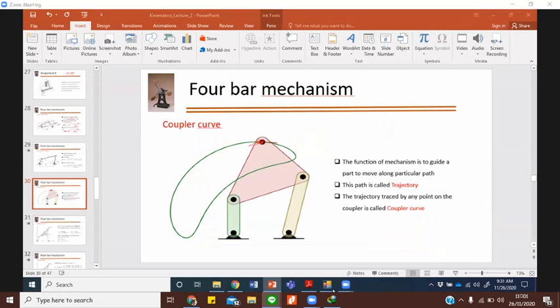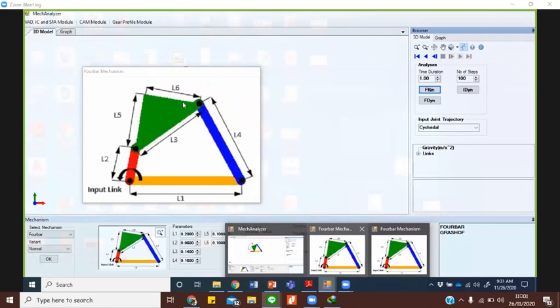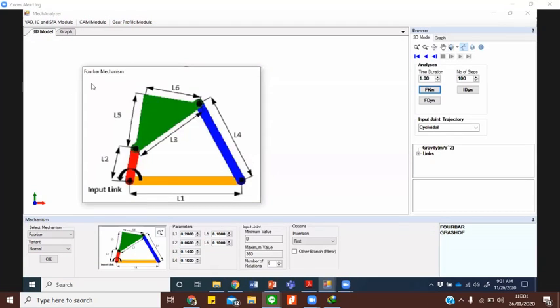So we can see it here again. This was your 4-bar mechanism, and this is your coupler, which is further extended by L5 and L6. At the end of it, we have fixed, let's say, a pen to make a curve, or you can also put a tool to cut something or do some extra task, whatever you want from it.